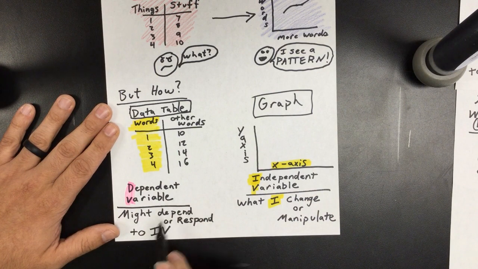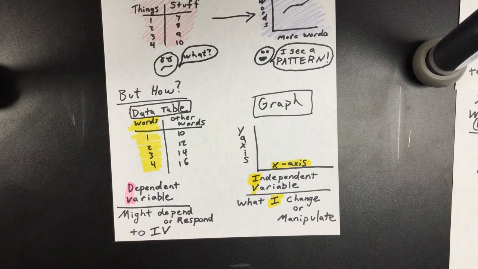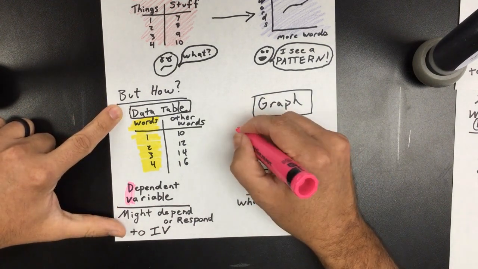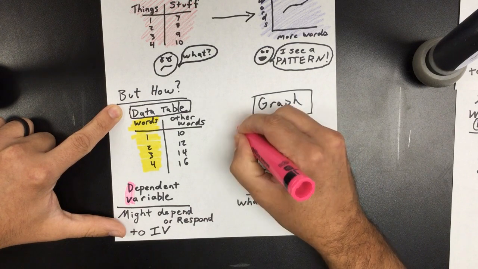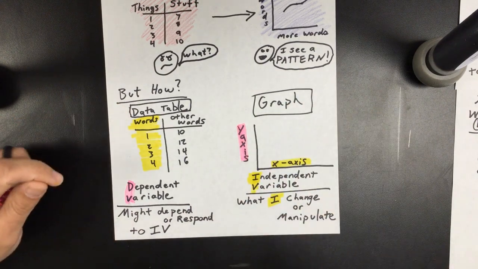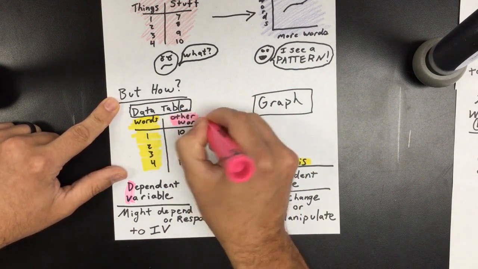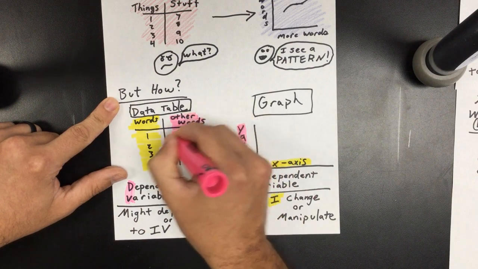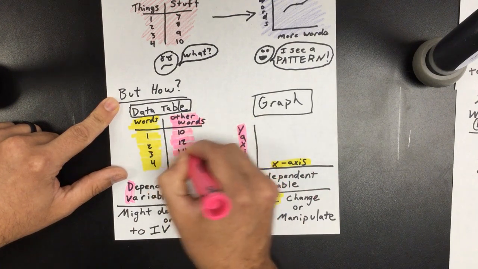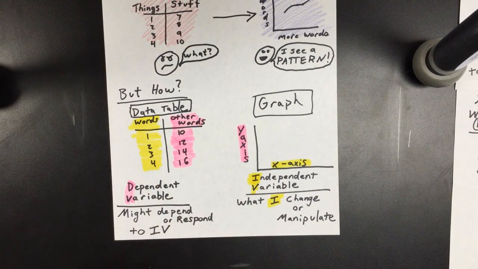So the dependent variable might depend or respond to the IV. The dependent variable goes on the y-axis. And since we're going to see what's happening, we don't really know. Usually in a data table, it will go on the right side. Not always, but most of the time the dependent variable is on the right side of a data table.